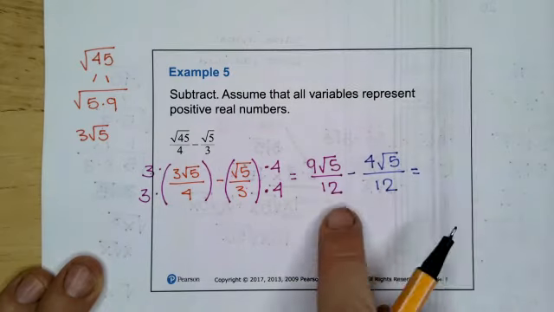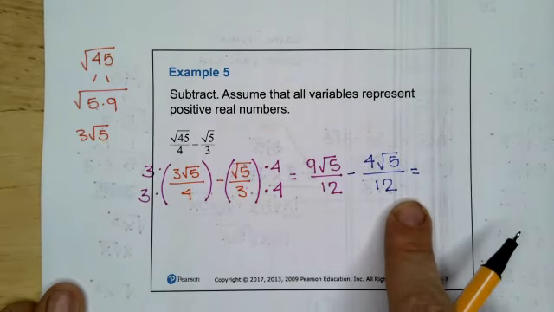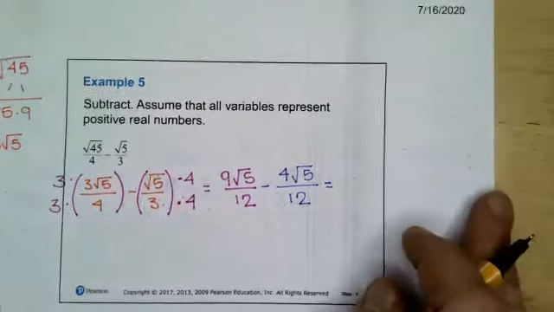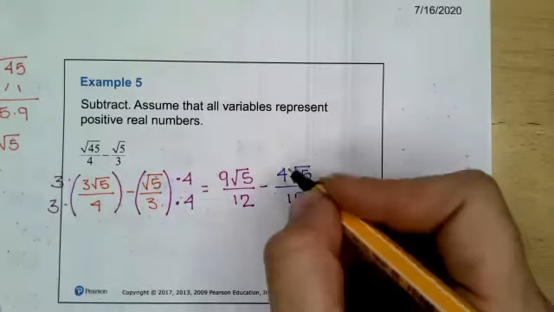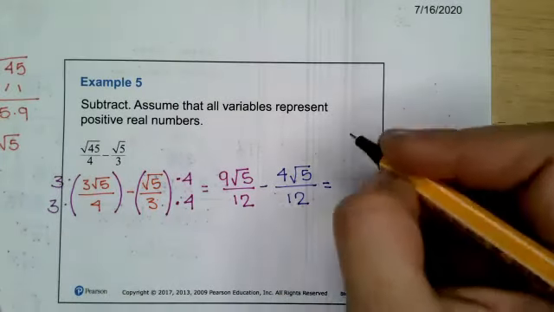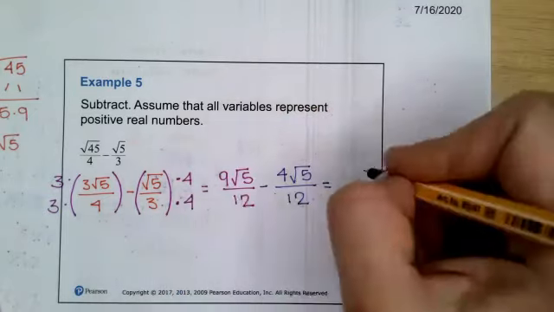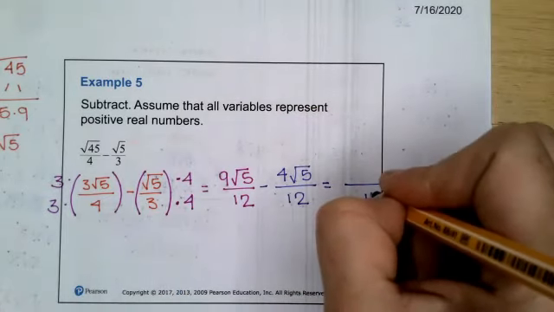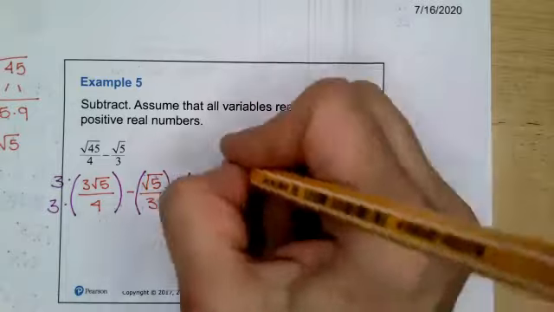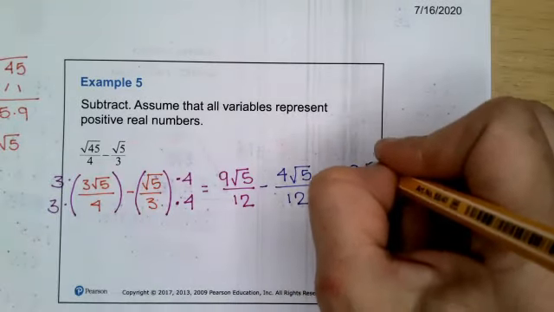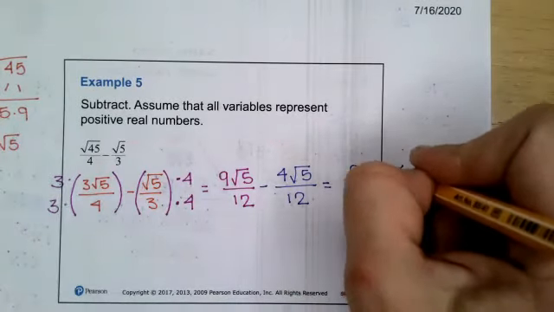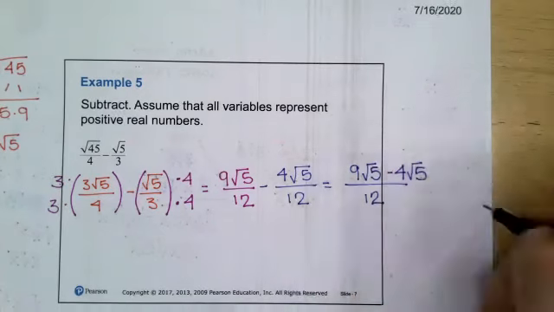Okay, now we have a common denominator. We can just combine them. It's like, how do we go from square root of 5 to 4 square root of 5? So now we have, keep the denominator, combine these. So it was 9 minus 4 of them, right?